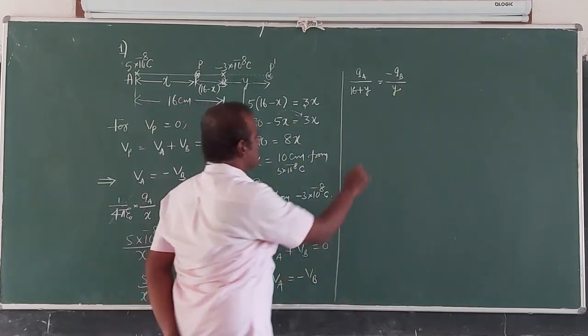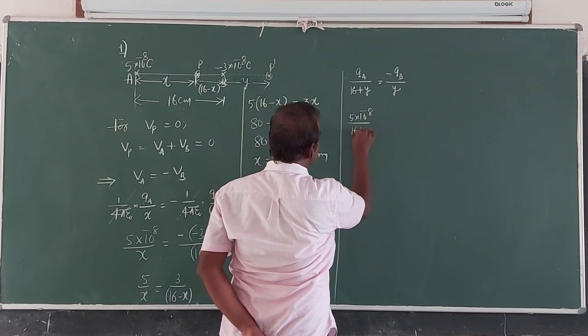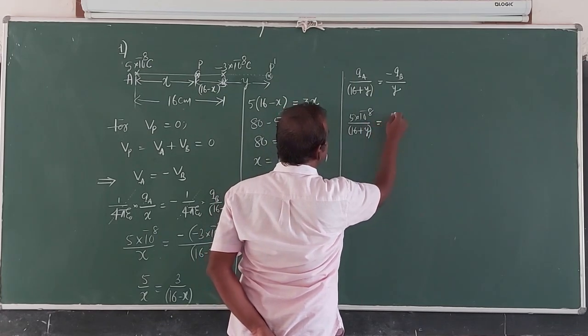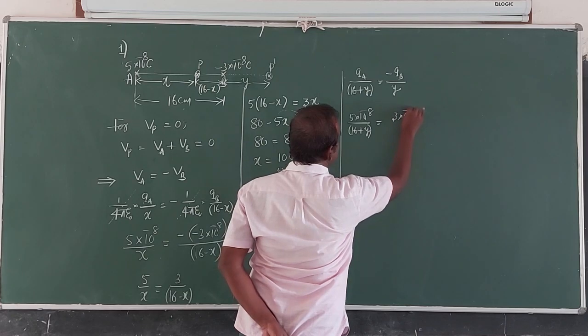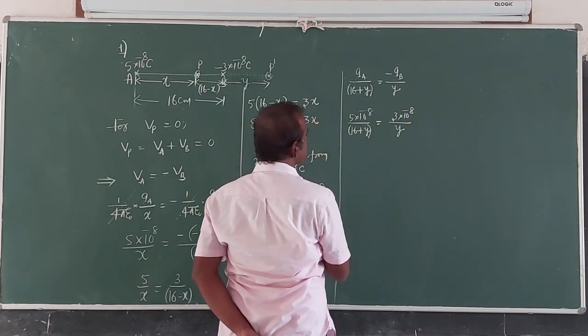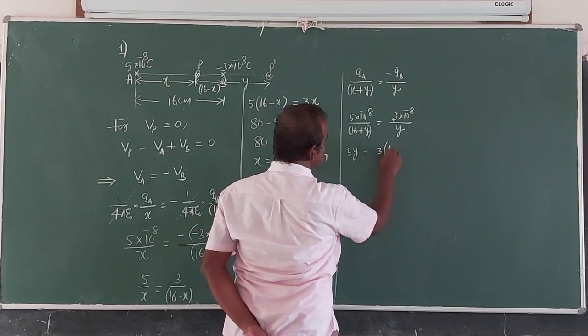Now let us substitute 5 into 10 to the power minus 8 by 16 plus y is equal to minus into minus plus 3 into 10 power minus 8 divided by this is y. So this is 5y is equal to 3 into (16 plus y).